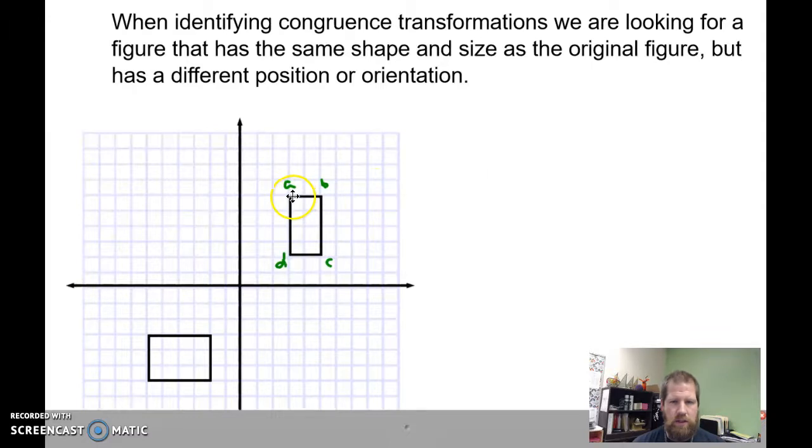This is going to be a 2 by 4, and that changes to a 3 by 4 or a 4 by 3, depending on how you're looking at it. So the size changes, the shape even changed, so this is definitely not a congruence transformation.